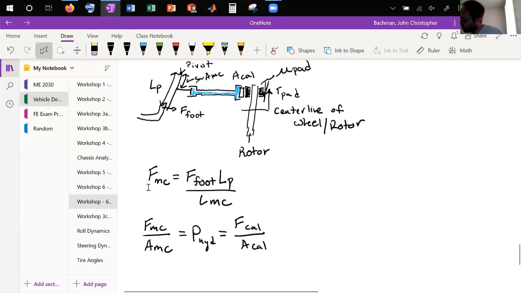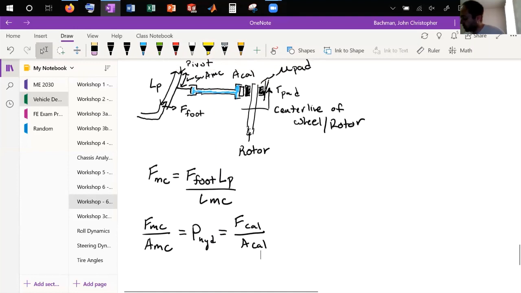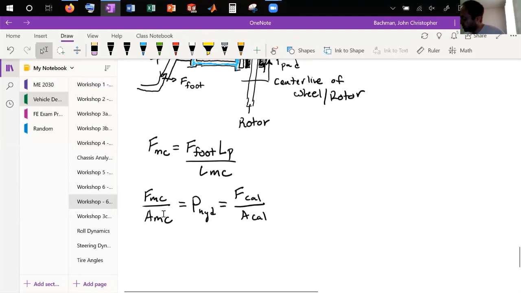So basically you can see you're amplifying the force on the master cylinder by these lengths, so you can get an amplification there. So you're trying to amplify all these forces onto this rotor. And then you can amplify the force on the caliper by the ratio of areas. So you have area of the caliper over, oops.